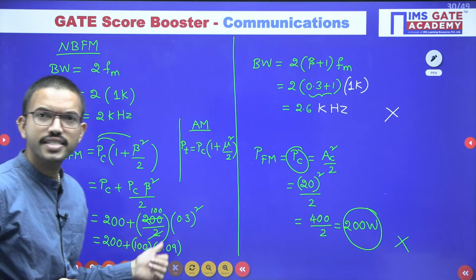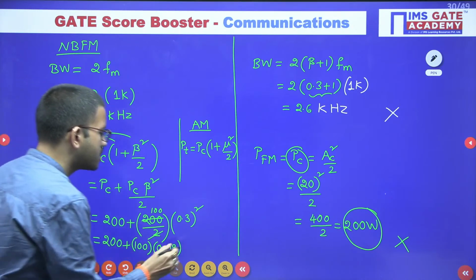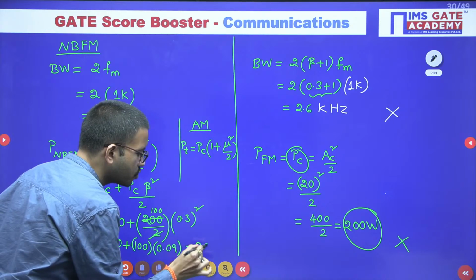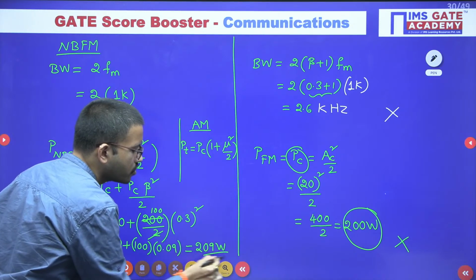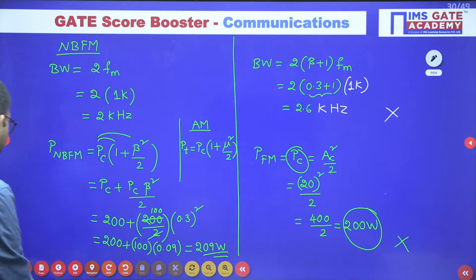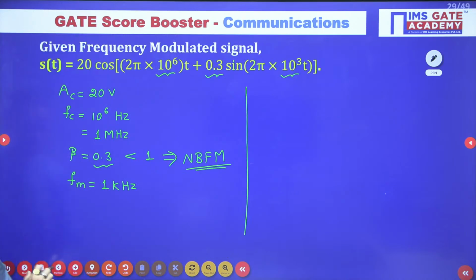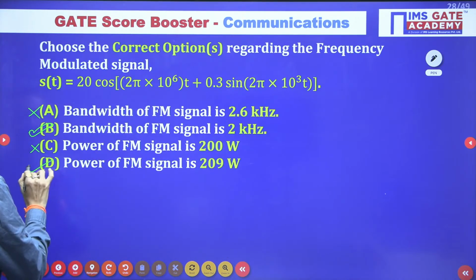So 0.09 into 100 is 9. 9 plus 200 is 209 watts. So that means option D is the correct answer.